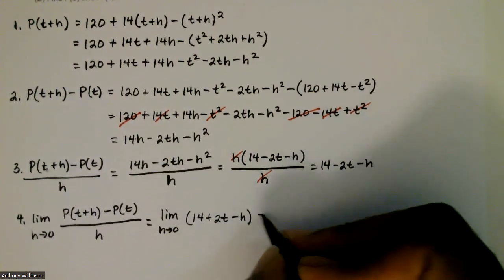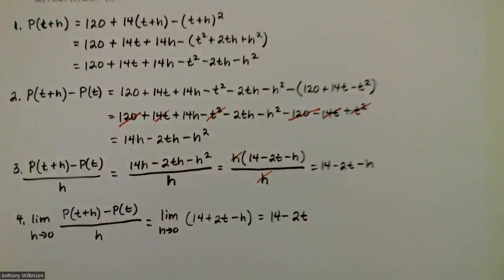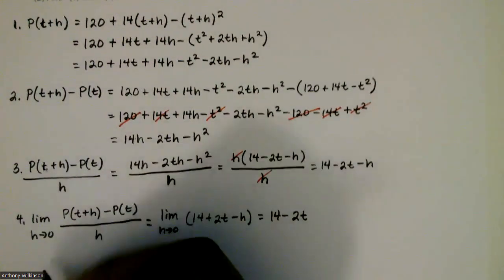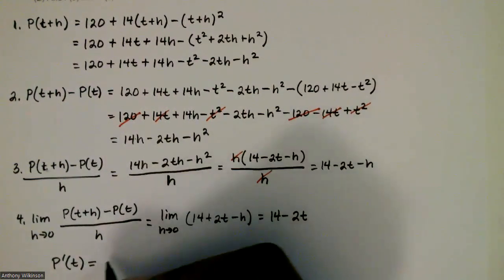So you're going to be left with just 14 minus 2T. So P prime of T is going to be 14 minus 2T.